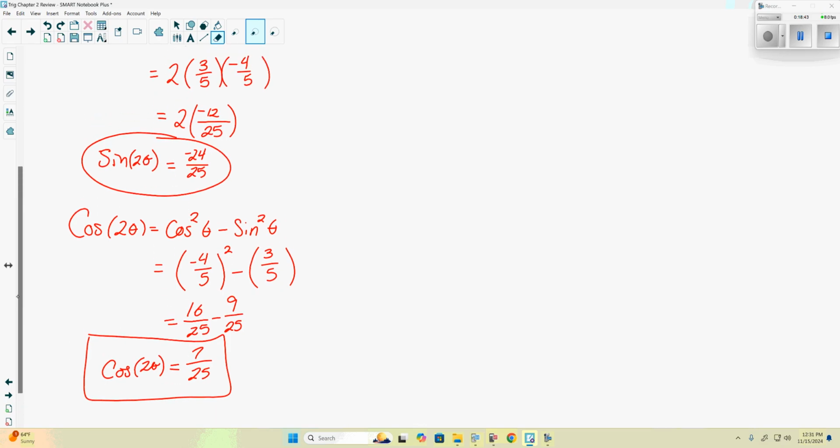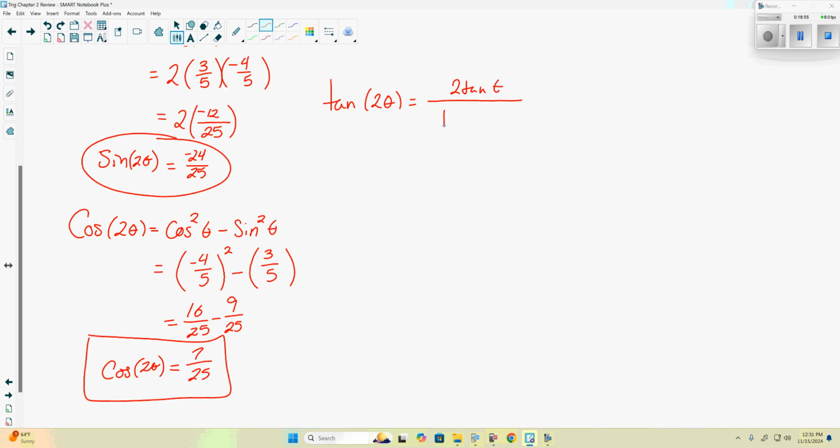Now the last one we need to find is tangent. Tangent of 2 theta is equal to 2 tangent of theta over 1 minus tangent squared of theta. But tangent is what also?